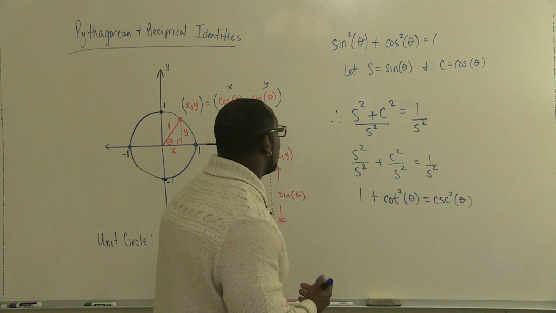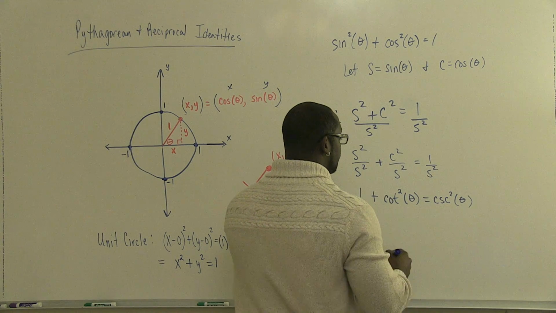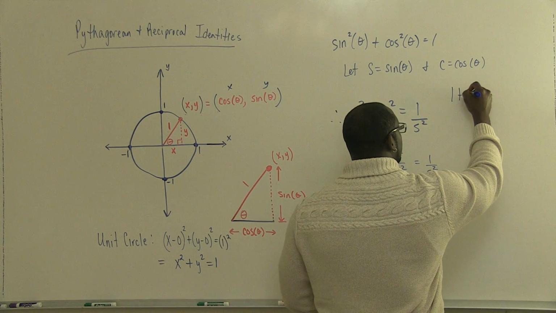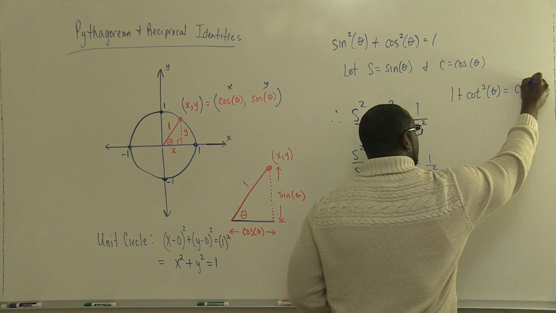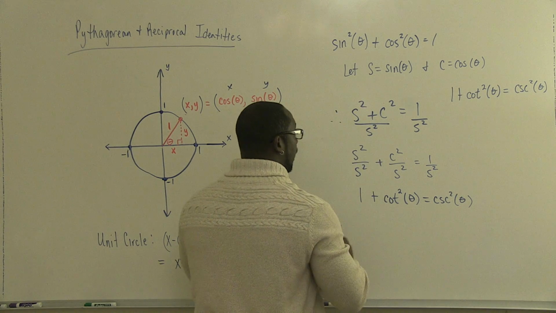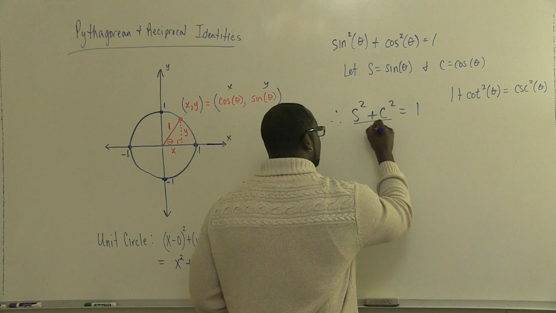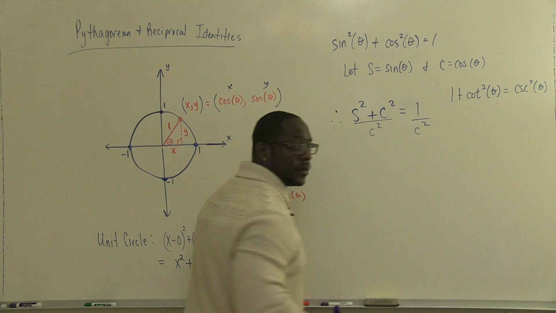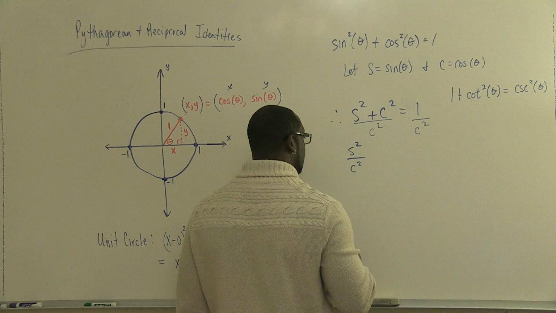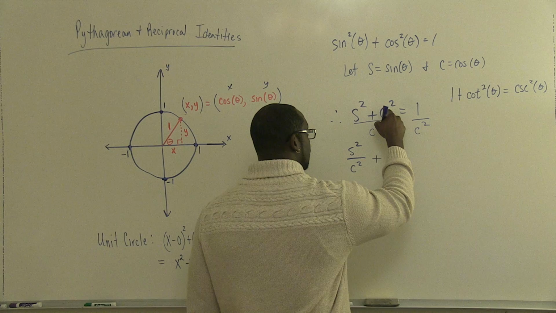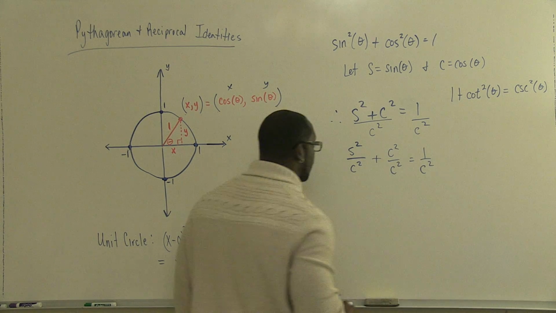Okay. So from here, I'm going to note that up here. And now we're going to do this again and now divide both sides by c squared or cosine squared. So of course, if we do that, then we have sine squared over cosine squared plus c squared over c squared equals 1 over c squared.